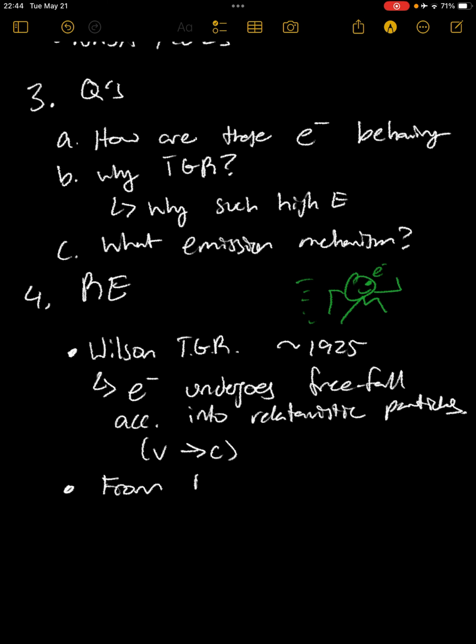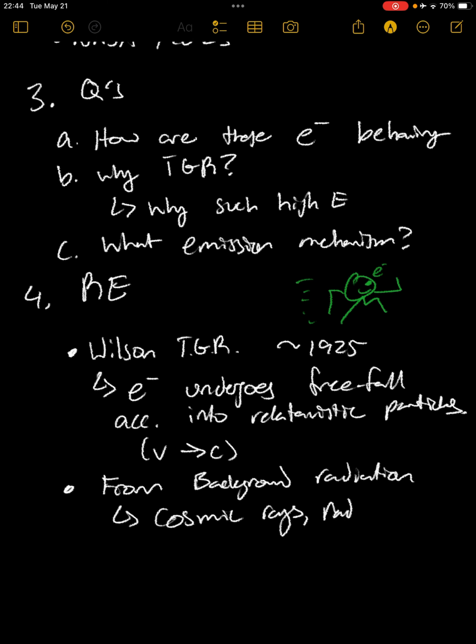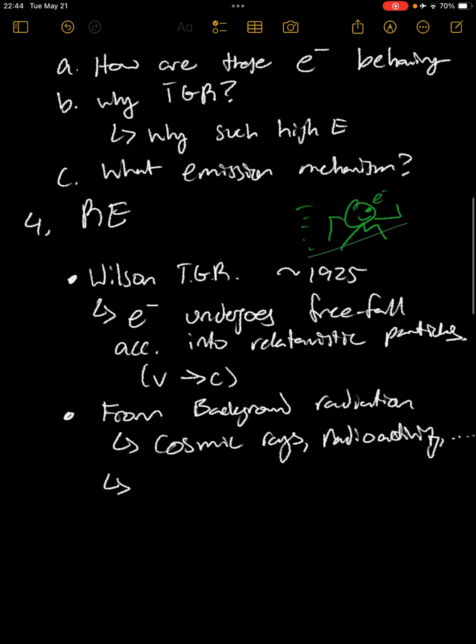Background radiation, and this can be from, interestingly enough, some sources such as cosmic rays, or radioactivity, and potentially some other sources, where essentially these can excite the electrons, and they ionize the air, potentially causing ionized air, free electrons that can then collide with other particles and also have the chance to increase.